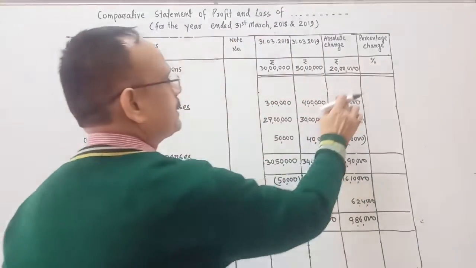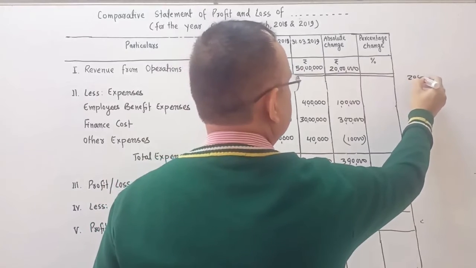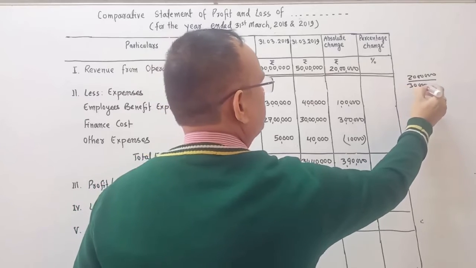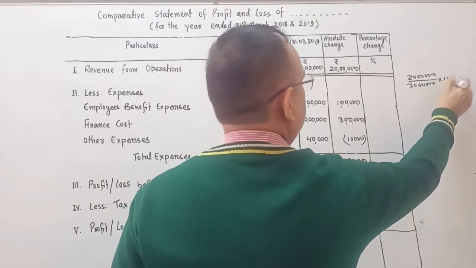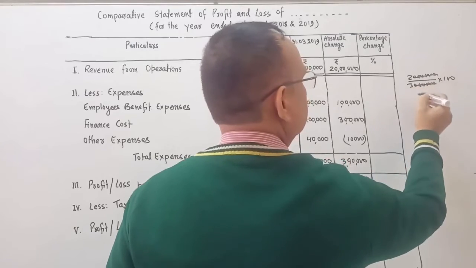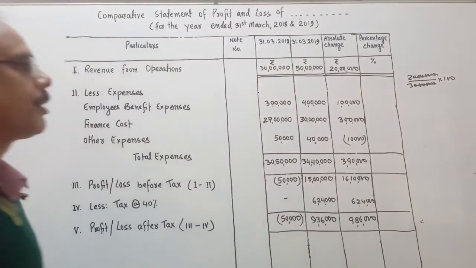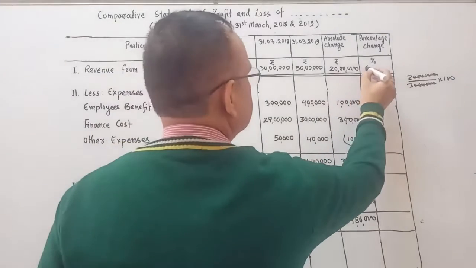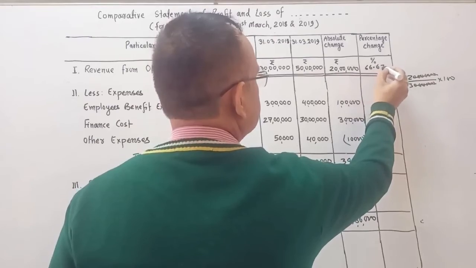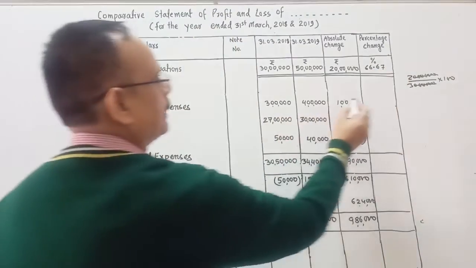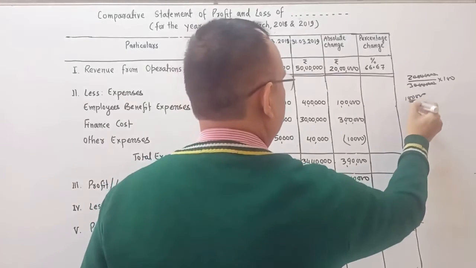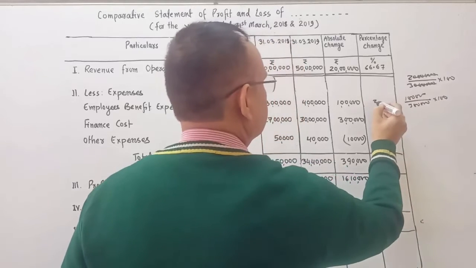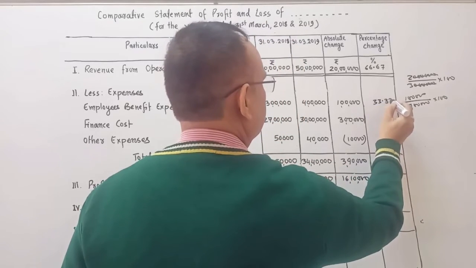Now coming to the percentage change. Here the absolute change is 20 lakhs, and the previous year figure is 30 lakhs, into 100. So it is 66.67. Now here the absolute change is 1 lakh upon 3 lakhs into 100, so it is 33.33.